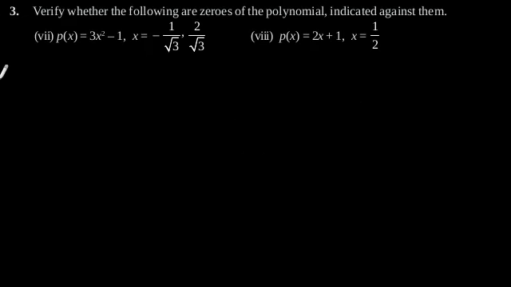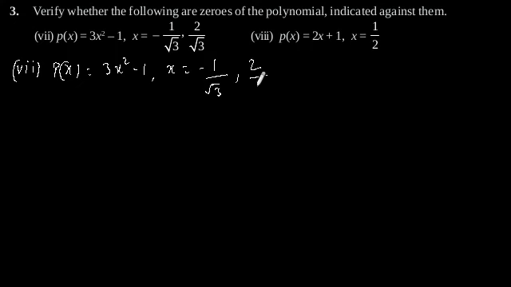Part 7th, that is p(x) is equal to 3x square minus 1, x is equal to minus 1 upon root 3 and 2 upon root 3. Now let's check if x is equal to minus 1 by root 3 and 2 by root 3 are zeros of the given polynomial, that is 3x square minus 1.